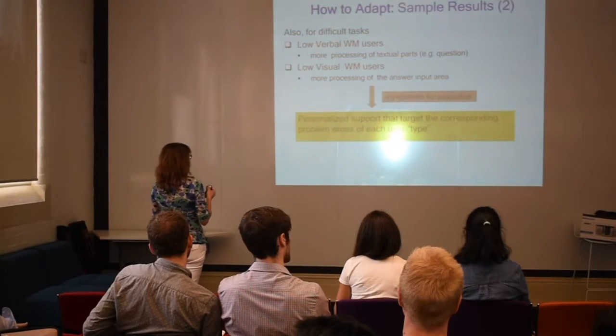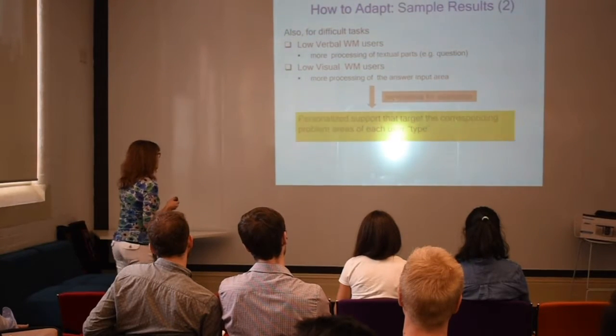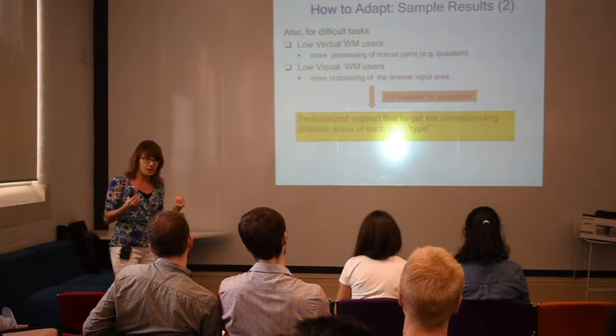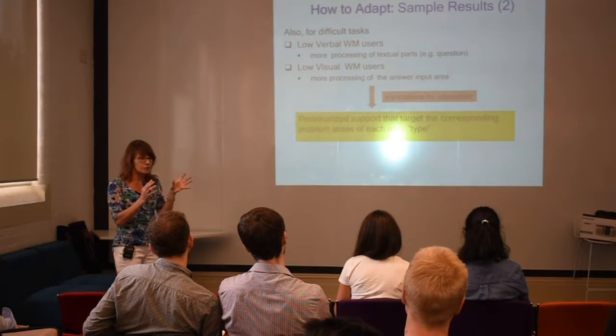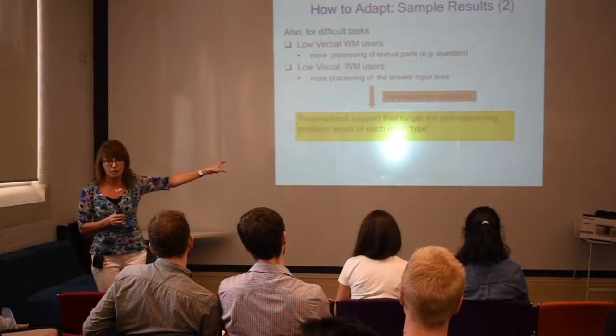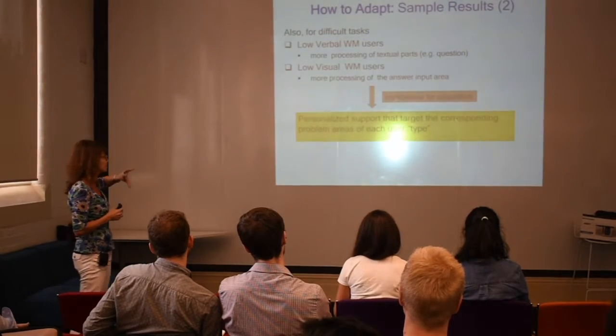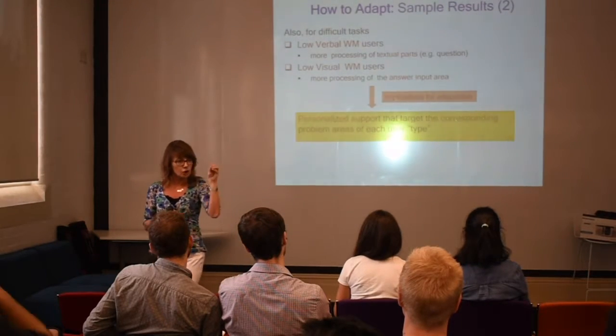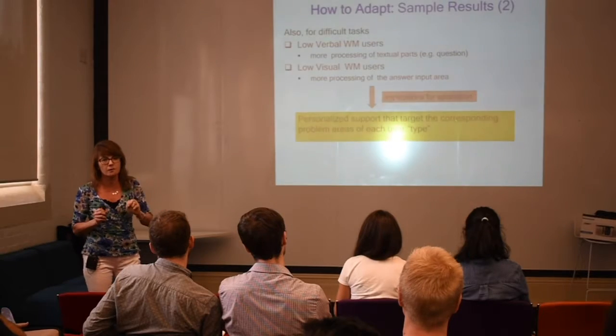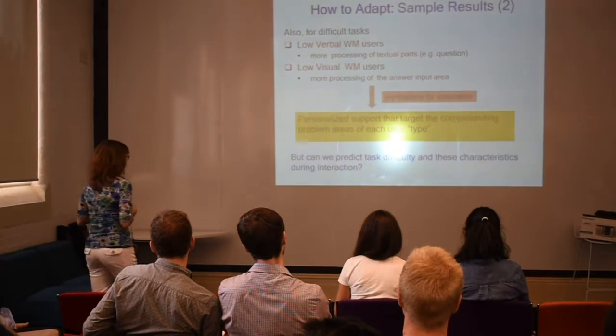So again, the general point here is that there are different user types, and they seem to be stuck in different parts, different aspects of processing a bar graph. So it's important to understand these differences and think of adaptations that target the specific problem areas for each of these users, okay?